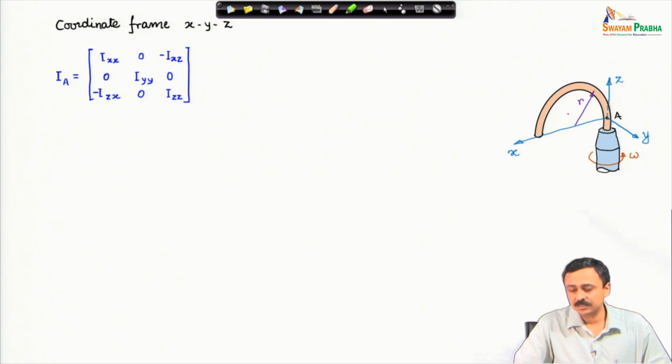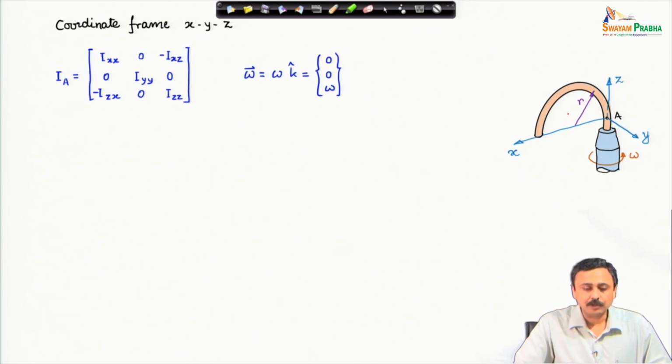Now, these calculations you must have learnt in mechanics. We will look at what terms will be required. The angular velocity vector omega of this system is in the z direction, so omega is omega k cap, or in matrix form 0 0 omega.